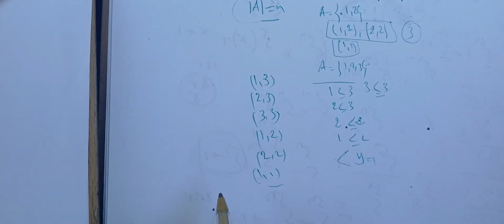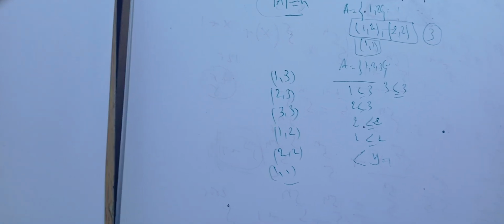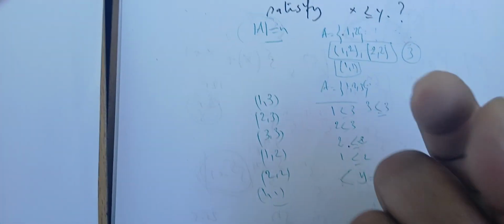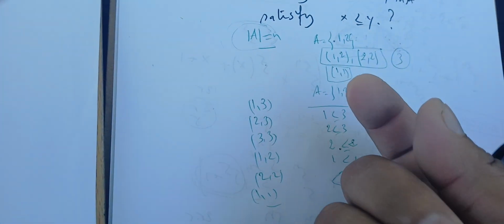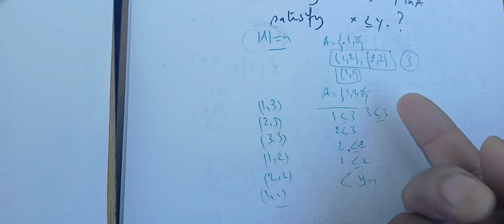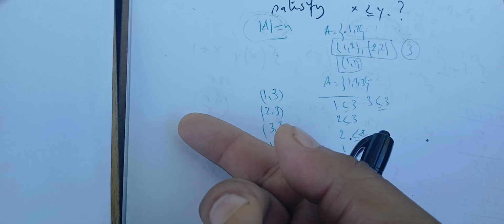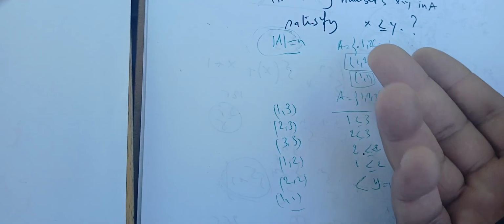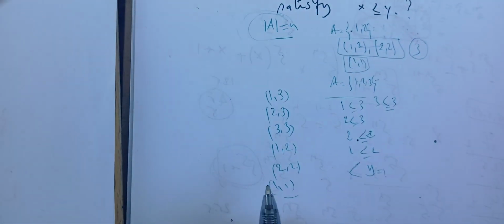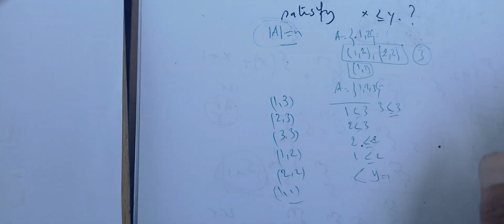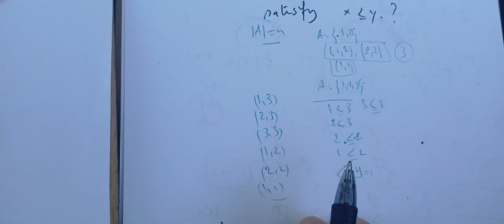Now we clearly see that if we fix the value of y, we can solve this problem by finding all the values that are less than or equal to y. Those are all solutions. We see the strategy for solving this problem.